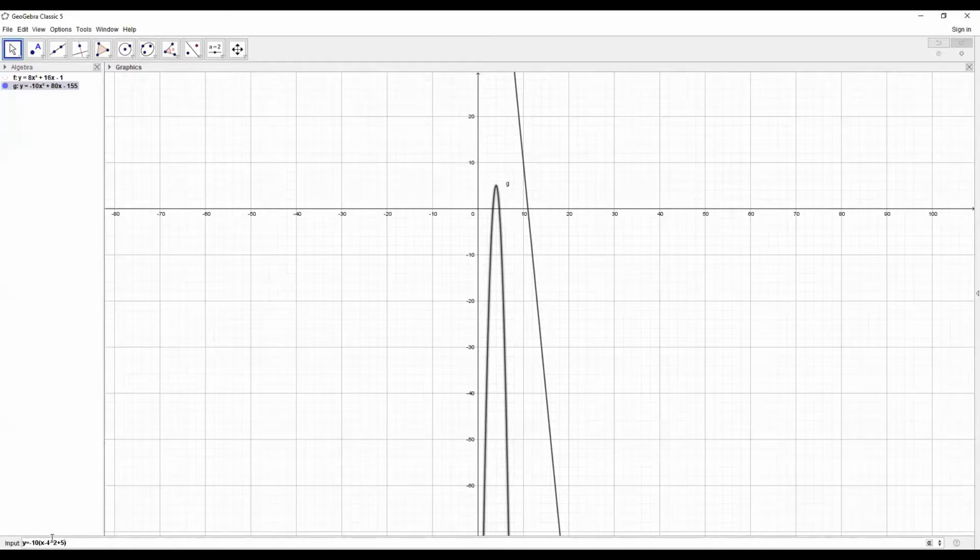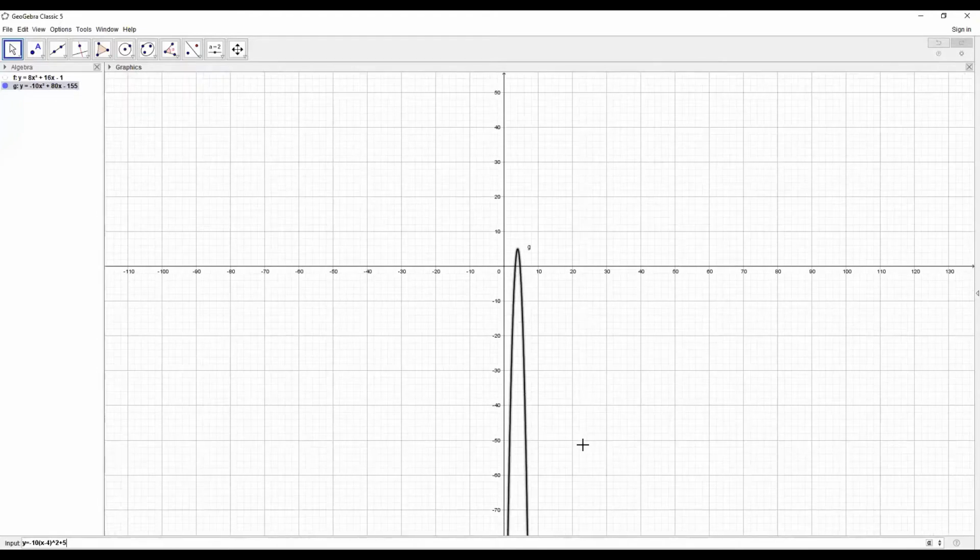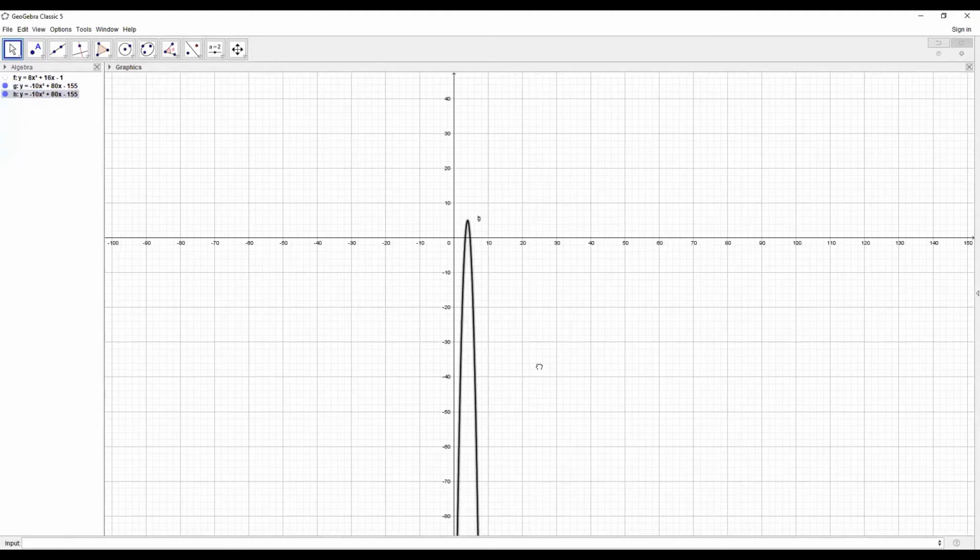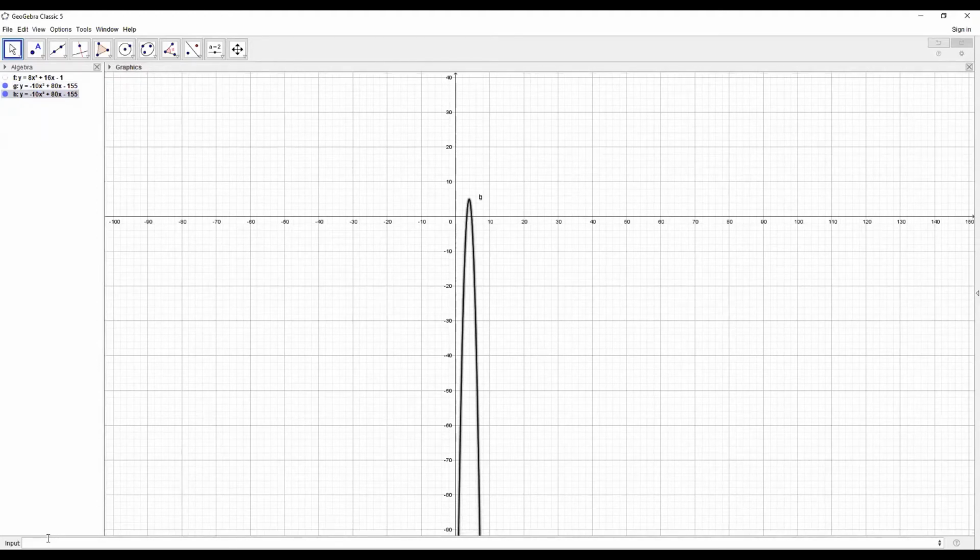Oh, I need to close my parentheses back here. Okay. Oh, that's the exact same thing I was looking at. What did I want to, oh, I know, I wanted to look at it without the 10.